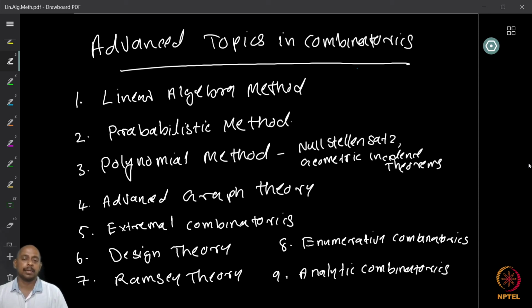There are several nice books and topics on this. I will mention some of them. Then there is design theory. Design theory talks about the existence of special types of structures, like symmetric structures, or objects having very specific symmetries, or partitioning objects into copies of certain types of objects.